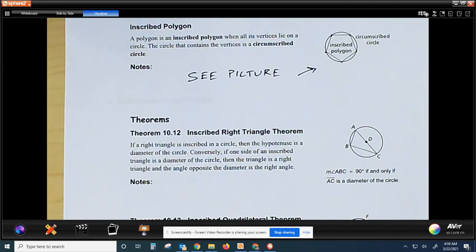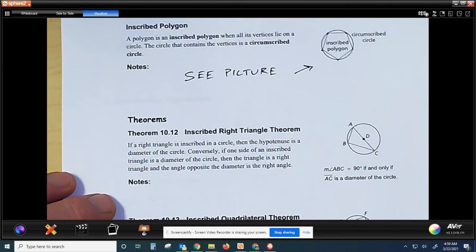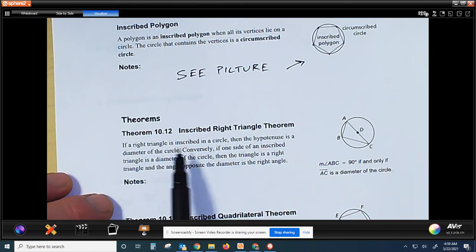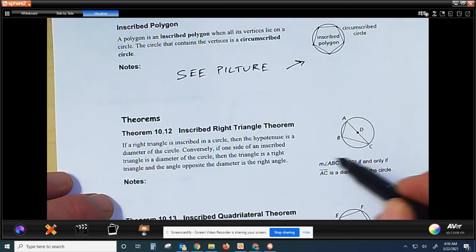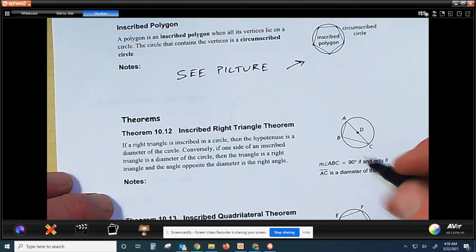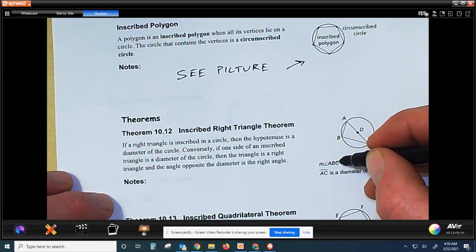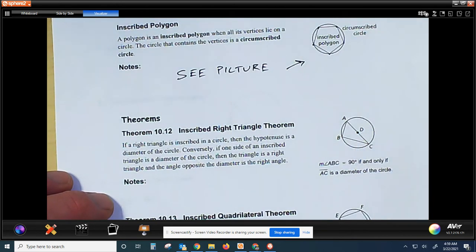Here's an interesting idea. If a right triangle is inscribed in a circle, then the hypotenuse is a diameter of the circle. Okay, so let's go to this math sentence down here. The measure of angle ABC equals 90 if and only if AC is the diameter of the circle.